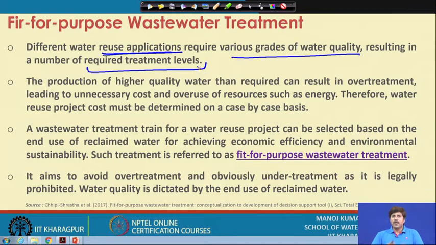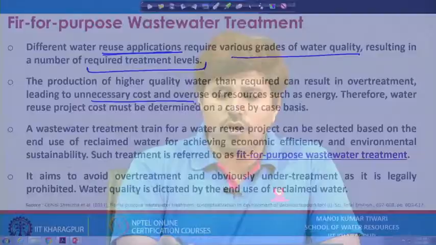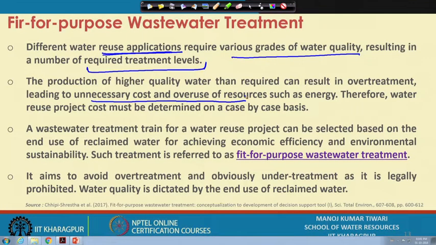The production of higher water quality than required can result in over treatment. If we provide, say, RO level treatment for agricultural or irrigation application, that leads to unnecessary cost and overuse of resources like energy.